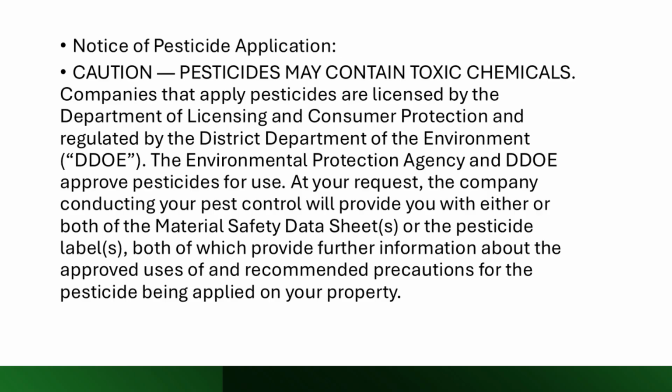The Environmental Protection Agency and DDOE approve pesticides for use. At your request, the company conducting your pest control will provide you with either or both of the material safety data sheets or the pesticide labels, both of which provide further information about the approved uses of and recommended precautions for the pesticide being applied on your property.